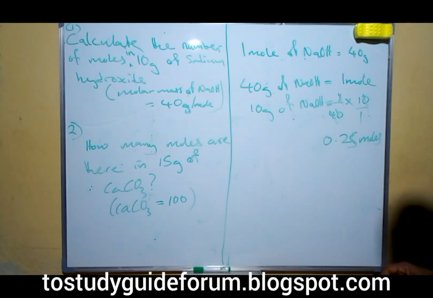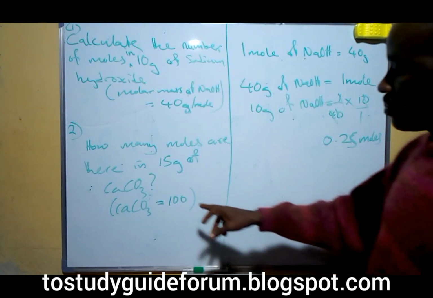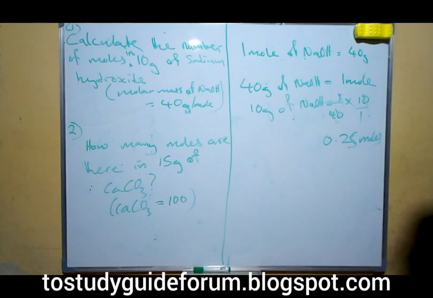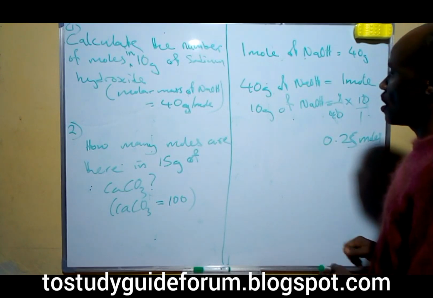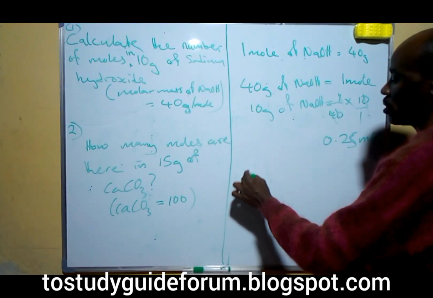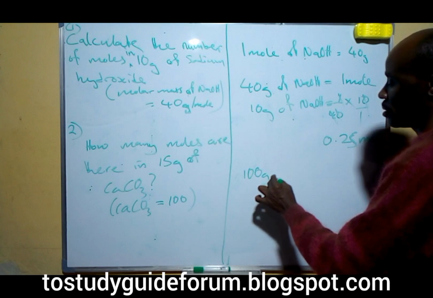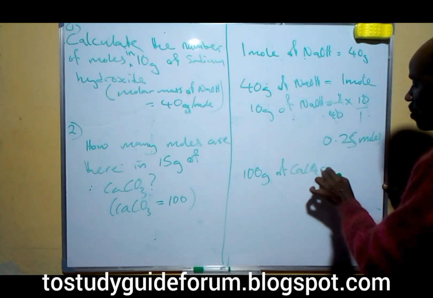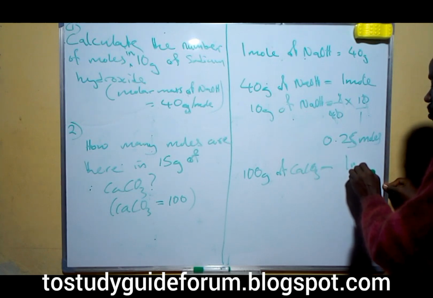So the next one we have there is, how many moles are there in 15 grams of calcium carbonate? And we know that 100 grams of calcium carbonate contains 1 mole.